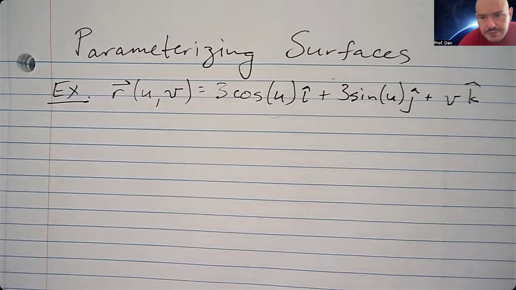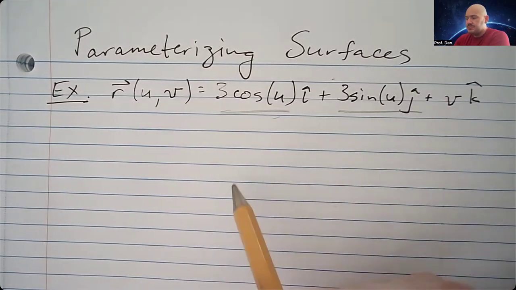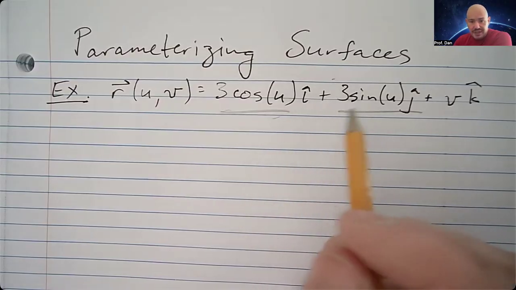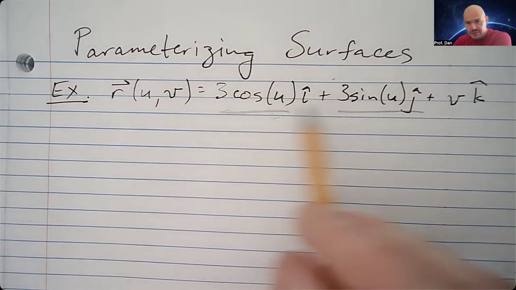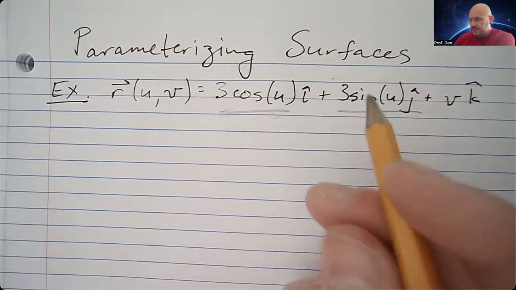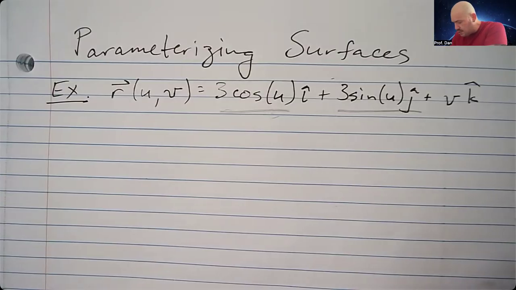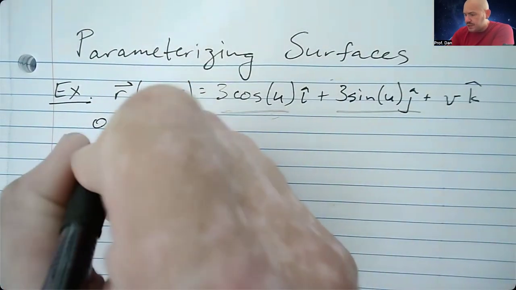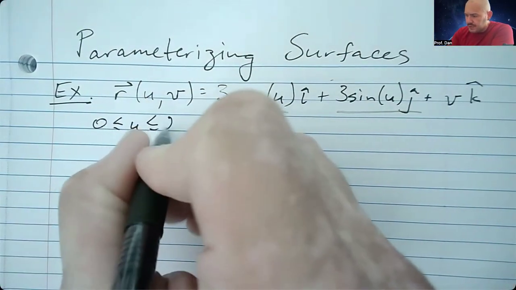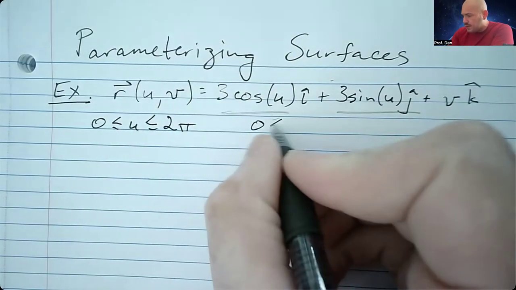Specifically, there are circles that are going to be parallel to the xy plane, because the i and the j components make up the circle with a radius of 3. In addition to that, we're also told that u is between 0 and 2 pi, and v is between 0 and 4.